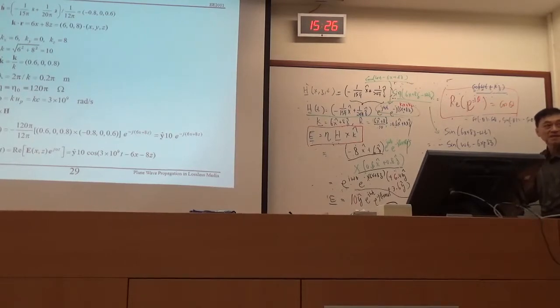Am I correct? Okay, so now, how to change this to cosine? We need to add plus pi over 2 or minus pi over 2. Then how to add plus pi over 2?